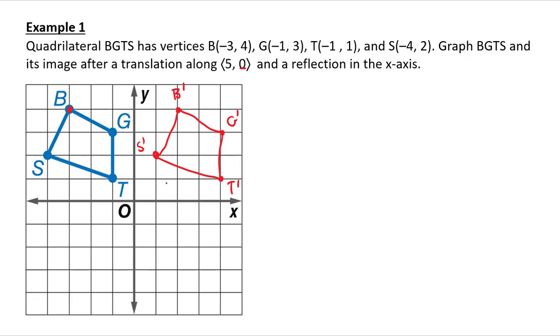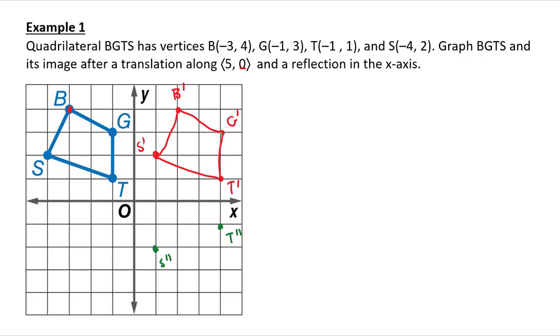So for S, the x coordinate stays the same and the y coordinate changes signs. I call that S double prime just because of how I've labeled it.